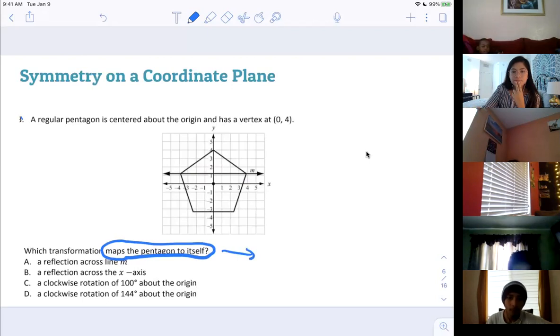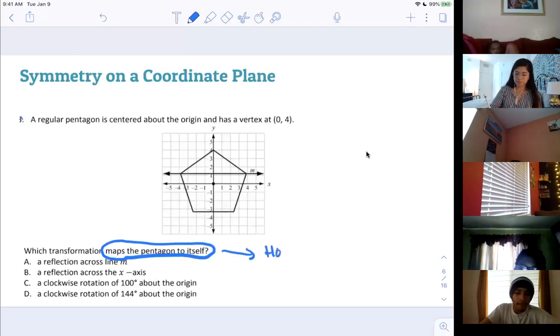So it's basically asking, what can you do to this pentagon that will result in a pentagon that's in the same exact place? So what can you do to this pentagon to make it go right back to where it was? Or to make it line up once more?